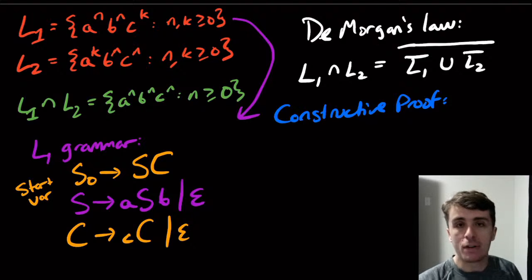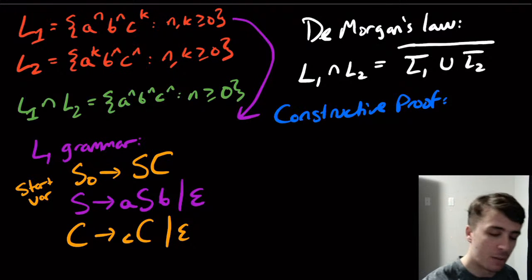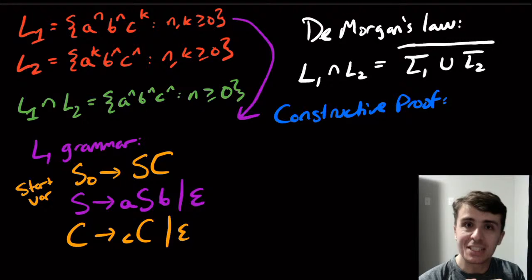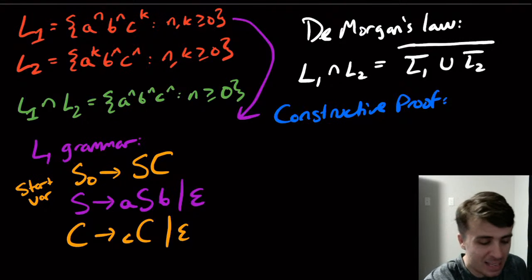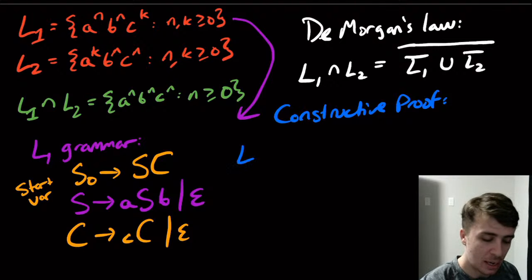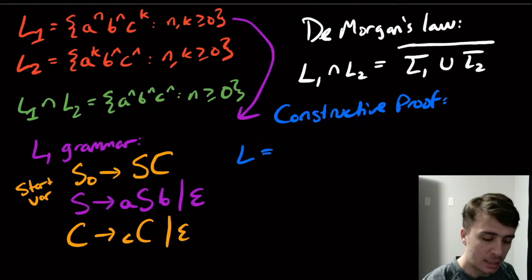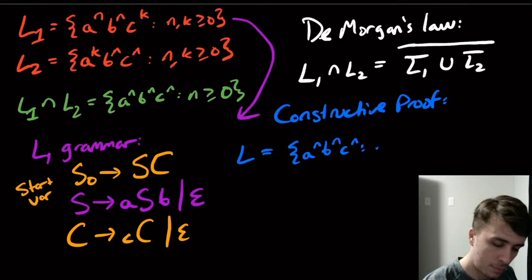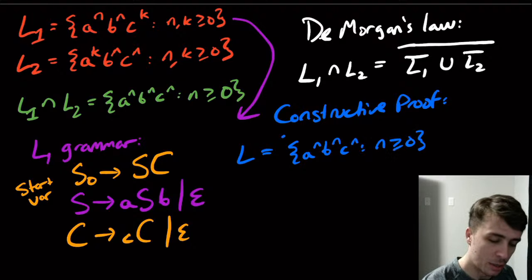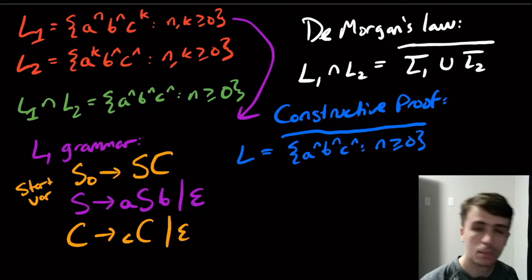But here I want to give you an explicit example of a language which is context-free, but its complement isn't. And the easy choice is, or at least to choose it, maybe it's not correct, the language is the complement of a^n b^n c^n, with n at least 0. The complement of this thing.